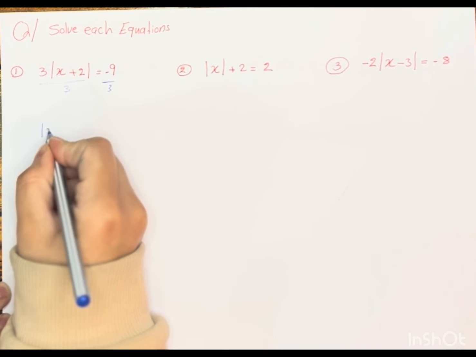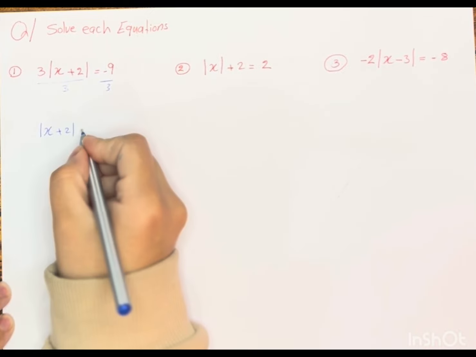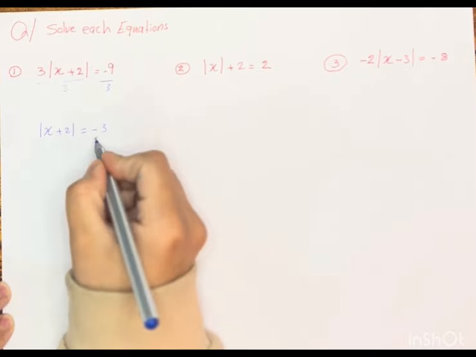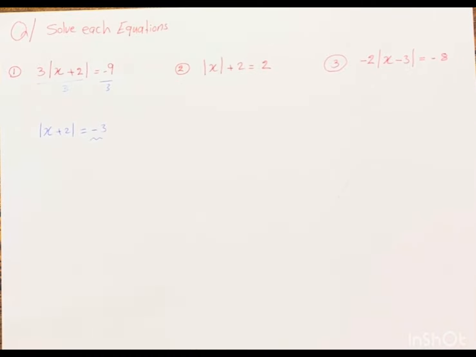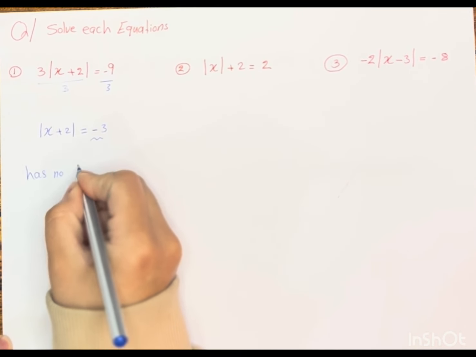The absolute value of x plus 2 stays as it is, because we didn't open it, just isolated it, equal to negative 9 divided by 3, which is negative 3. Now we get an absolute value equal to a negative number, so it has no solution.